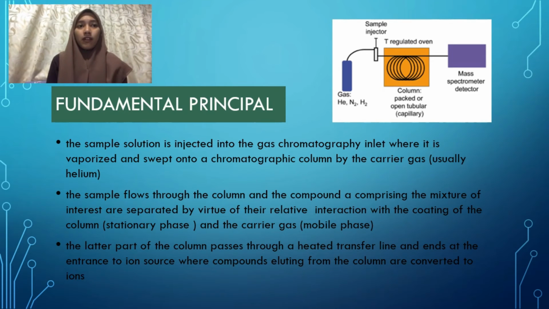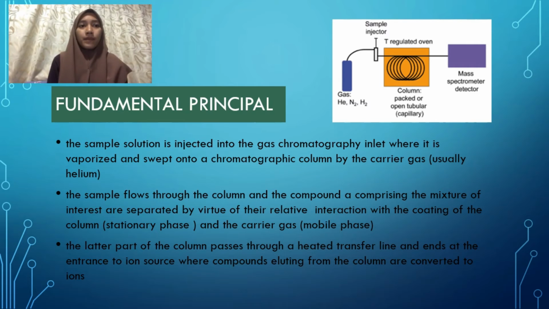The fundamental of this instrument is that the sample solution is injected into the gas chromatography inlet, where it is vaporized and swept into the chromatographic column by the carrier gas, usually helium.